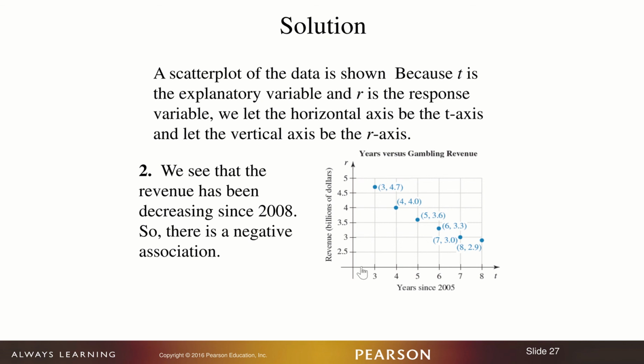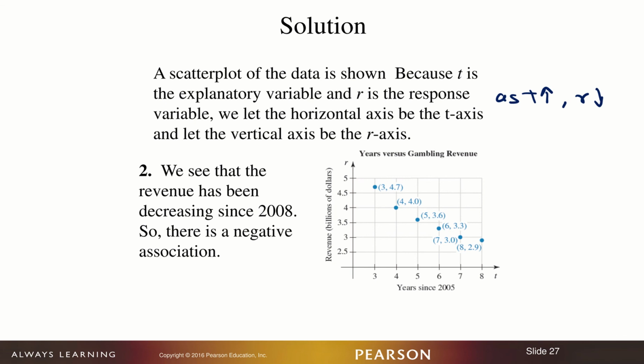So the T values get larger, the R values get smaller. So we say as T values increase, the R values decrease. When that happens, we say there's a negative association.